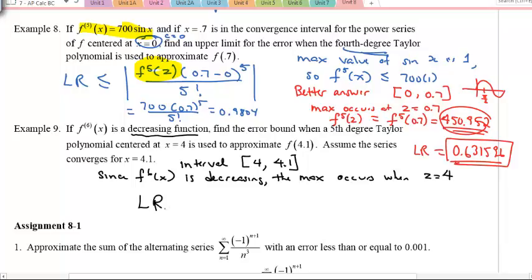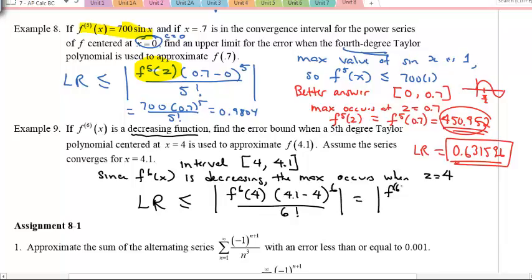So therefore, the Lagrange remainder would be whatever the sixth derivative is evaluated at 4. The x value is 4.1. It's centered at 4. And then divide that by 6 factorial. So the sixth derivative at 4 times 0.1 to the power 6 over 6 factorial. There you go. We're done.